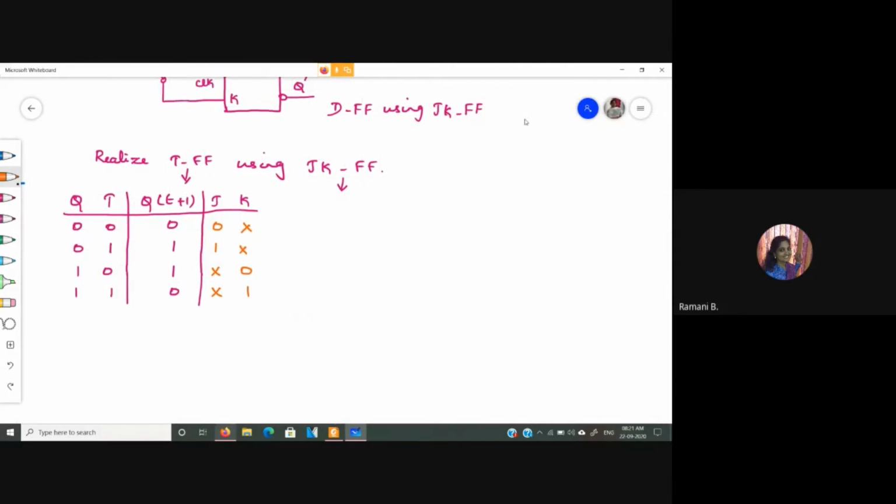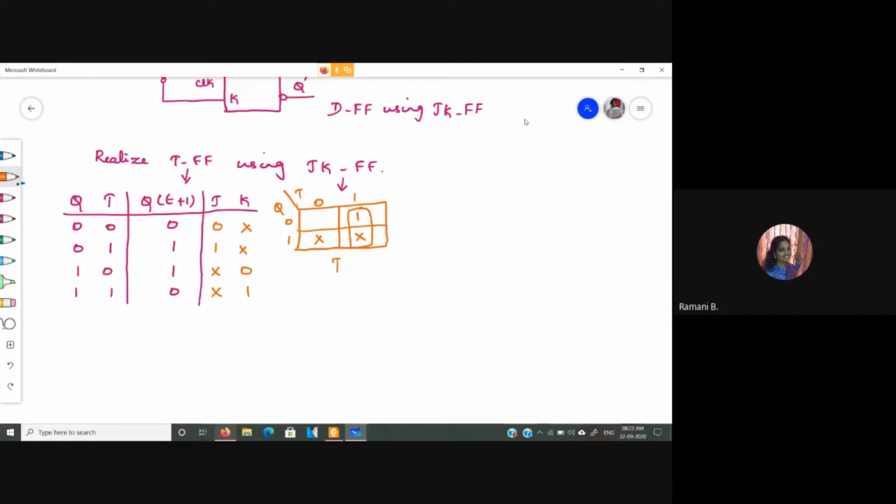Okay. Now again, giving the value of J and K. So Q and T. J is equal to 1 in 1 and we have don't care over these two places.